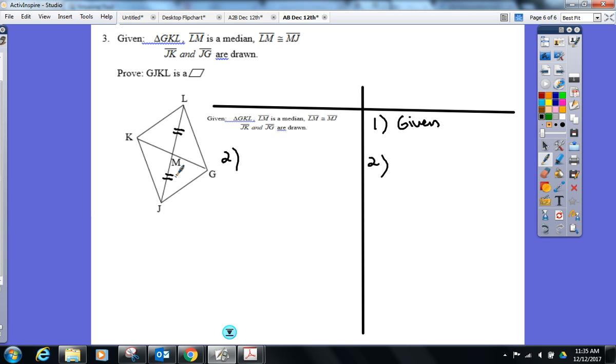All right, let's try to prove this is a parallelogram. We knew LM and MJ are congruent. What's the deal with the median again? If LM is a median of this triangle, can you tell me any two segments that should be equal then? KM should be congruent to MG by definition of a median.